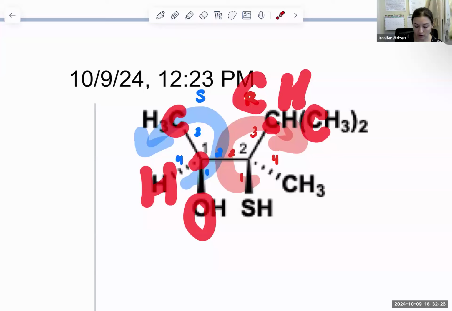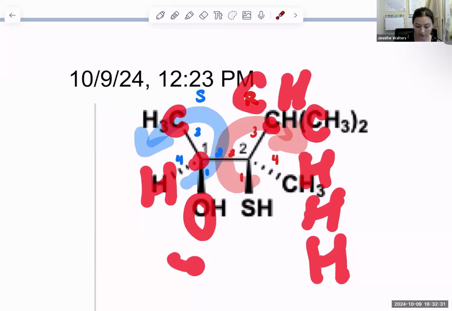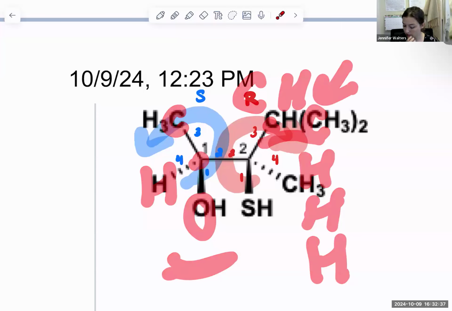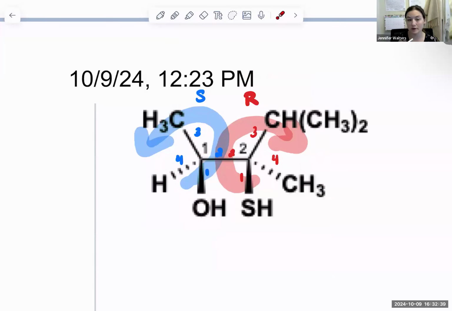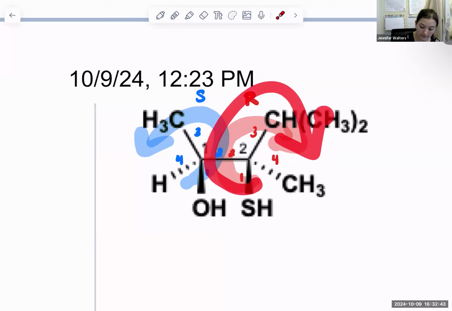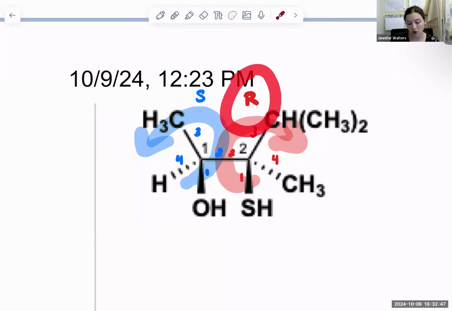And then down to the right, I get hydrogen, hydrogen, hydrogen. So the left with oxygen is going to make that the next highest priority. Up is going to be next because of the carbon. And then to the right is lowest priority, priority 4, because of all the hydrogens. So when I connect 1 to 2 to 3, that is clockwise with the lowest priority on the dash. So that is R.